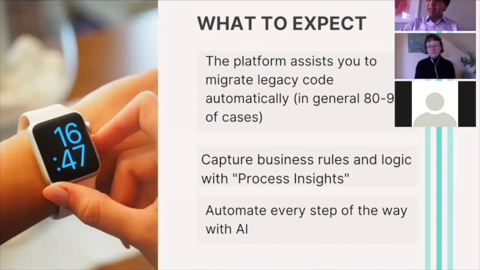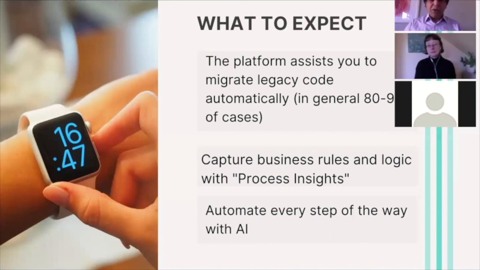That means a Java developer can take a COBOL module and work with it as if it's another closed application, and Process Insights gives them everything that is going on internally.